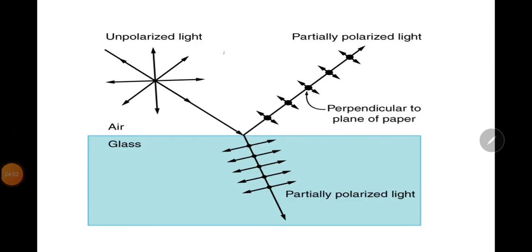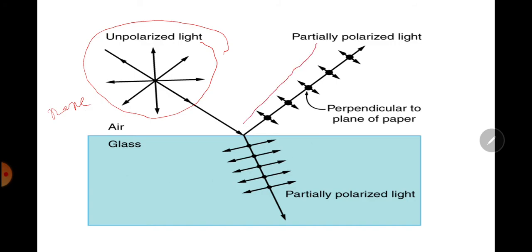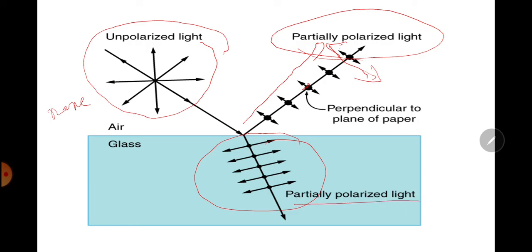Now here this is an unpolarized light ray. It enters from a rare medium into a denser medium. So it is reflected and partially polarized. It might have vibration in another plane also, but if it is confined to only one particular plane, then it is perfectly polarized. This is partially polarized, because it contains vibration like this.